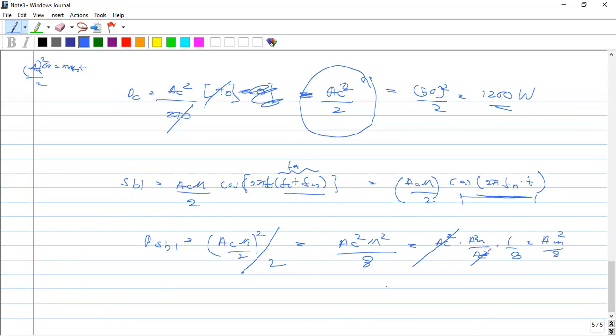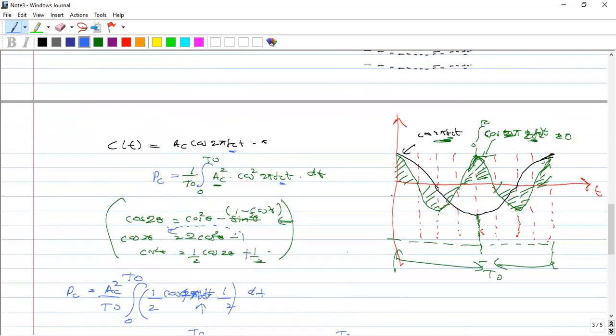So for the power of the first sideband, Am is 10, so 10 squared by 8. It is 100 by 8, that is 12.5 watt. So this is the first sideband power.